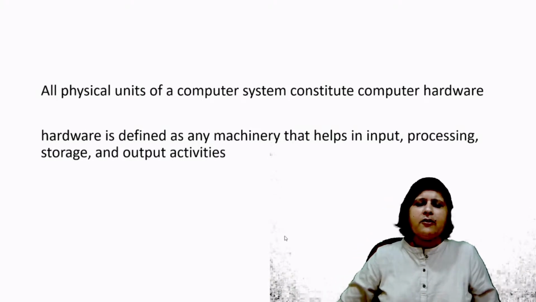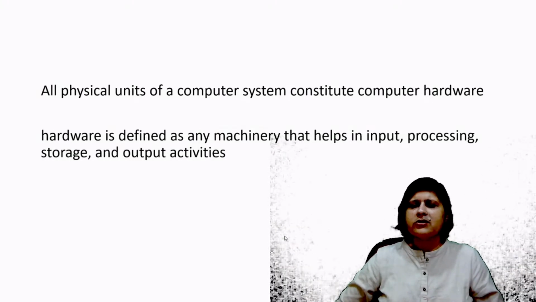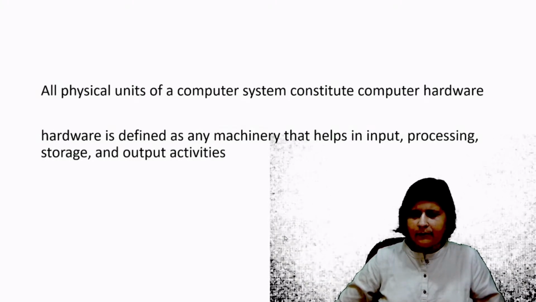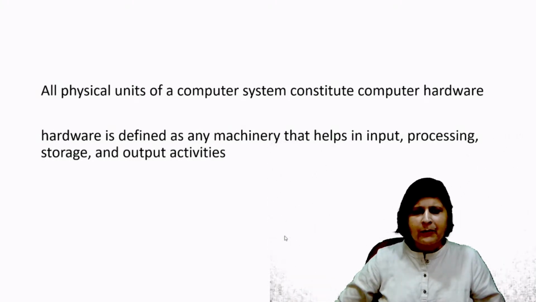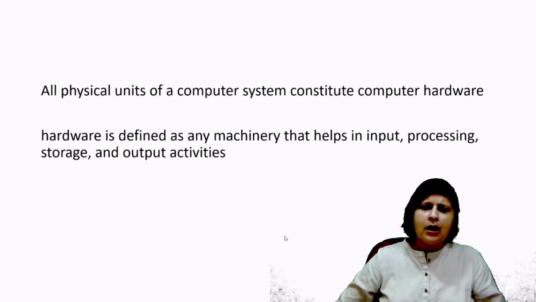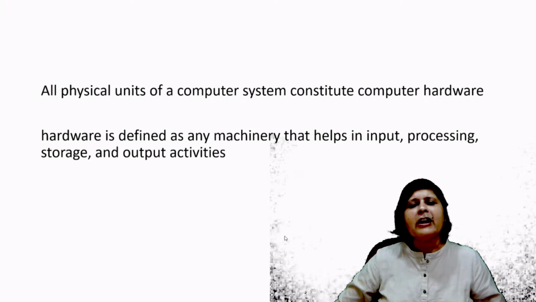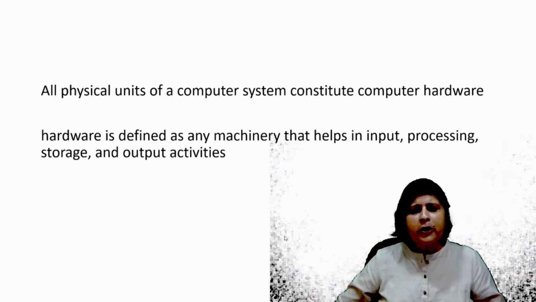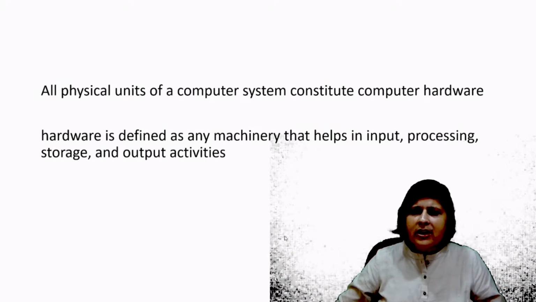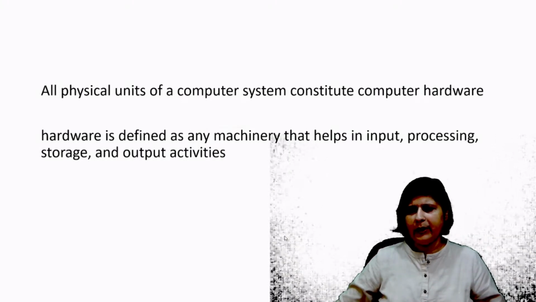The physical unit of a computer system constitutes computer hardware, right? Hardware, as I told you, is defined as the machinery that helps in input, processing, storage, and output activities.